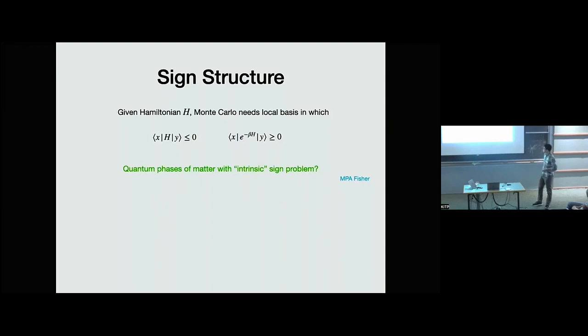In this case, the sign problem would really be a feature of the entire phase of matter, not just a particular representative Hamiltonian. Remarkably, it appears that there are such phases of matter with intrinsic sign problem. Hastings showed that every commuting projector Hamiltonian with double semion topological order has a sign problem. So it's really a property tied to the double semion nature of the topological order.